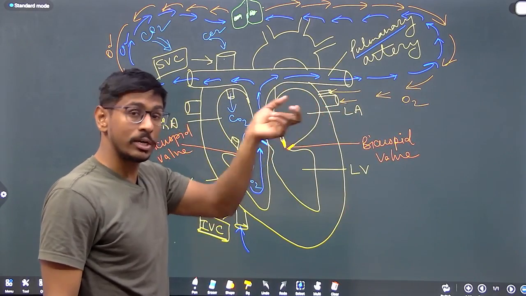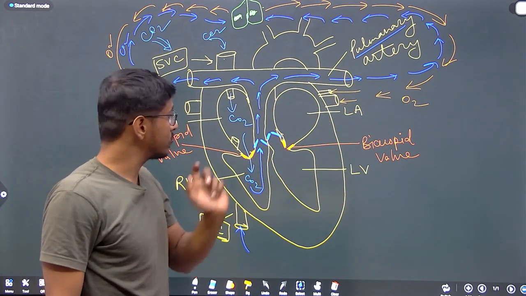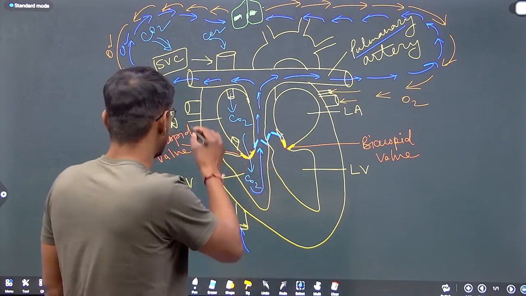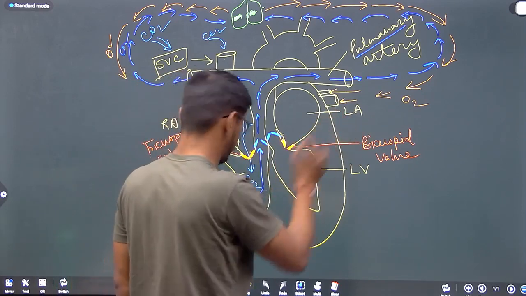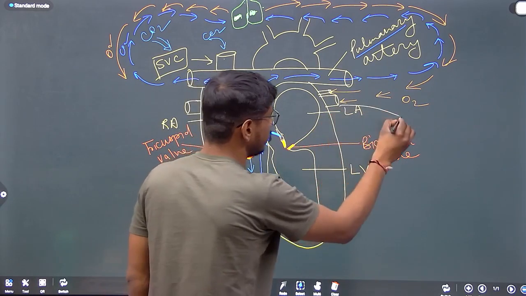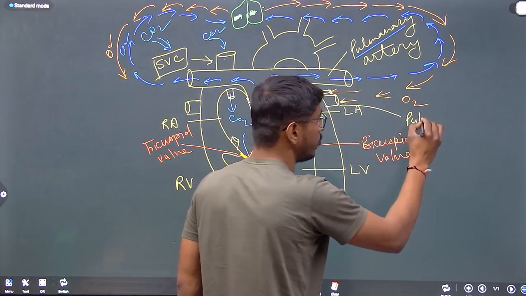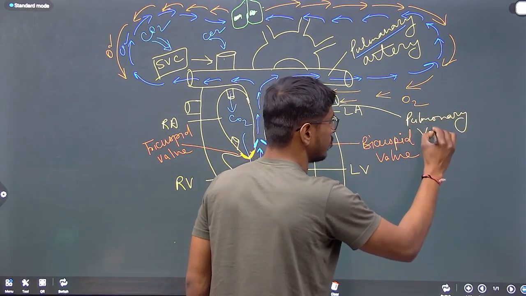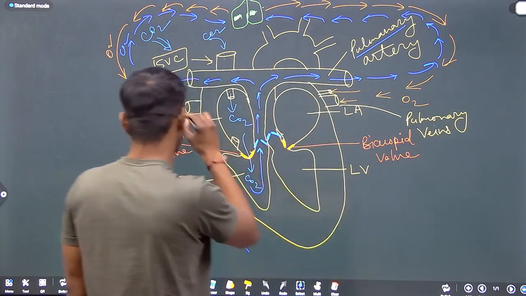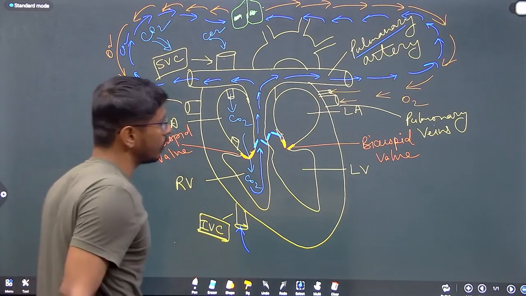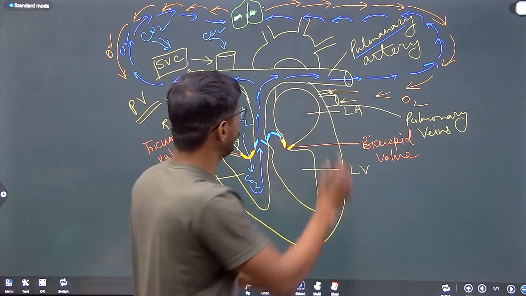The veins which come out of the lungs and reach the heart are called pulmonary veins. So these tubes are pulmonary veins. One branch of the pulmonary vein is on this side also. This is the pulmonary artery, I have written it already.